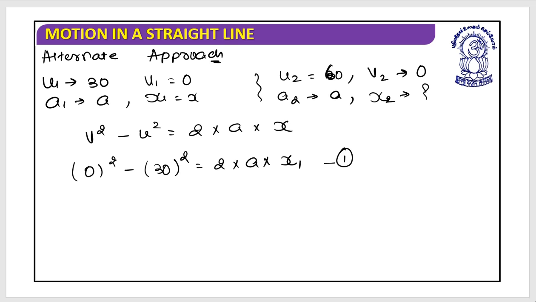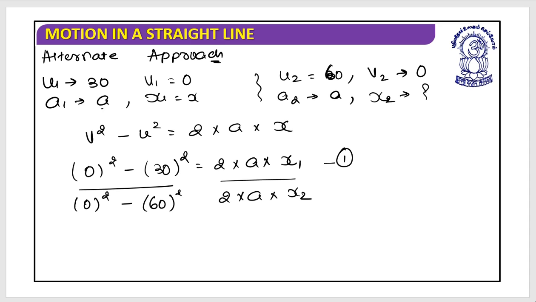Now I'm going to write the second relation: 0 square minus 60 square is equal to 2 into a into x2. I can write it like this because my acceleration, my braking force, is the same. So if I take the ratio, the 0s would be gone, minus minus is plus, this 2a would be gone, and this 2a would be gone. Now look at this, this is the beauty of this question, because the acceleration is the same.